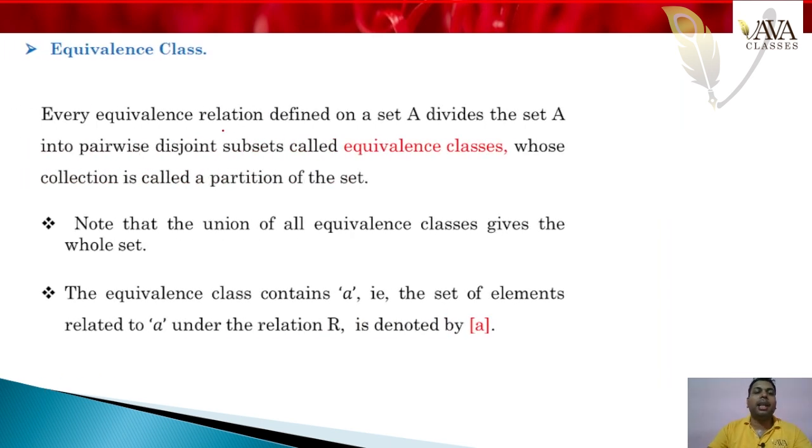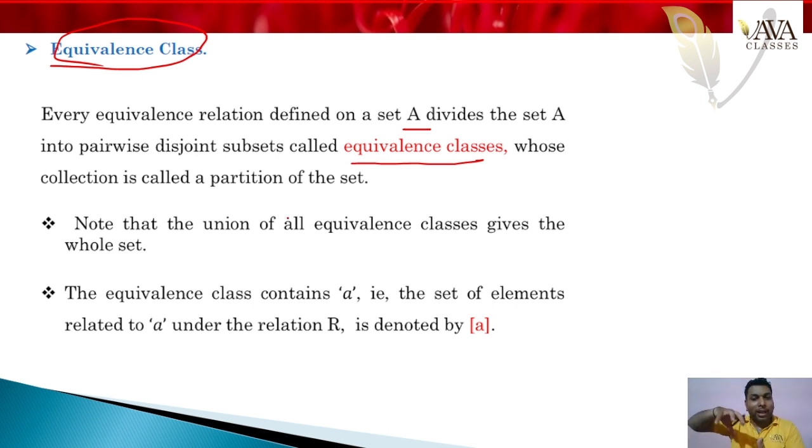Now, equivalence class. It is a very important thing, students, in our syllabus. What is an equivalence class? Every equivalence relation defined on a set divides the set into pairwise disjoint subsets called equivalence classes, whose collection is called a partition of the set.